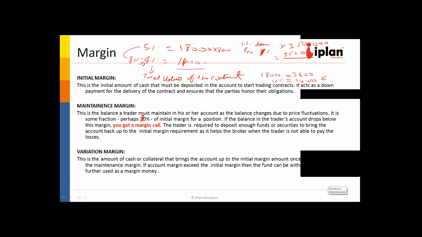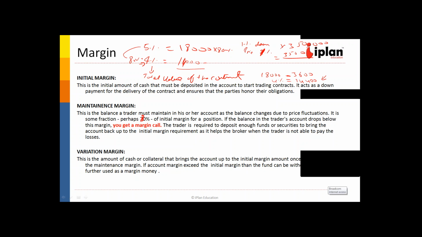Your initial margin will be adjusted with this 3,500. Now you are left with 14,500. So only 500 is left in your account as extra. If there is a little bit more fluctuation in the price, your account will hit the maintenance margin level. In that situation, the broker will call you.